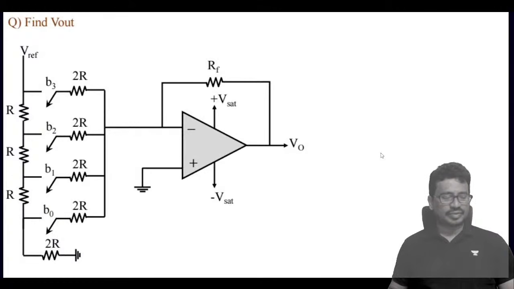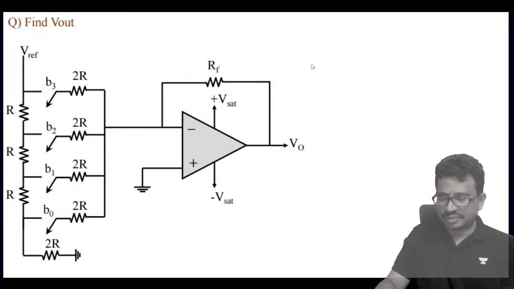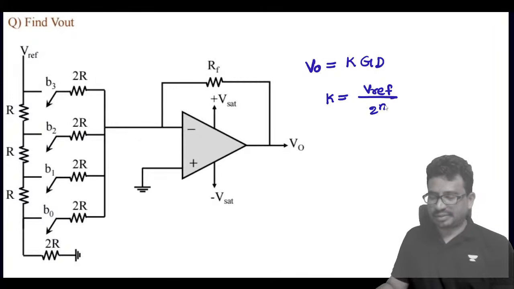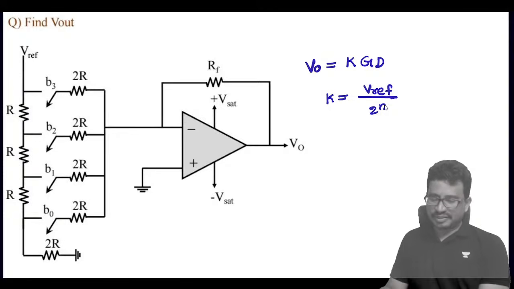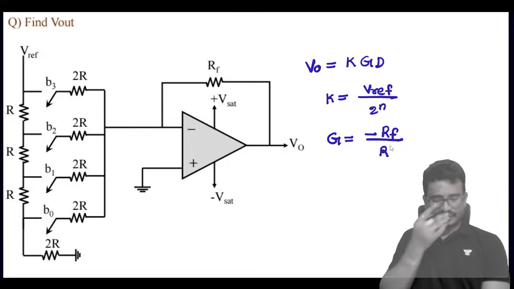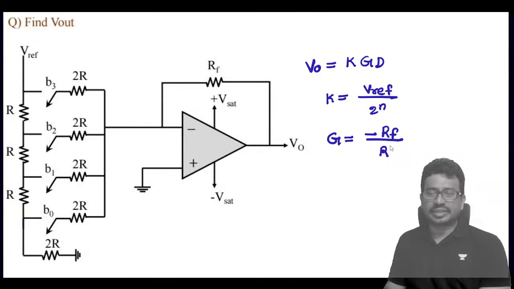In this case also, the output voltage V naught is given as K G D. K is V reference by 2 power n, and G is the gain. It is an inverting amplifier, so the gain is minus RF by R, and D is the decimal equivalent.